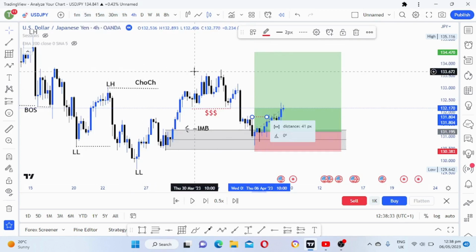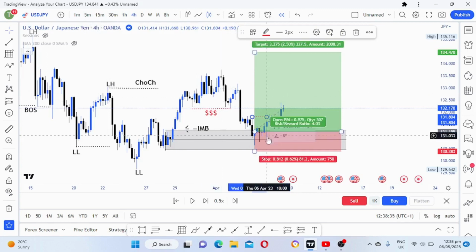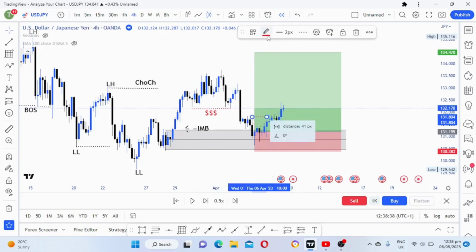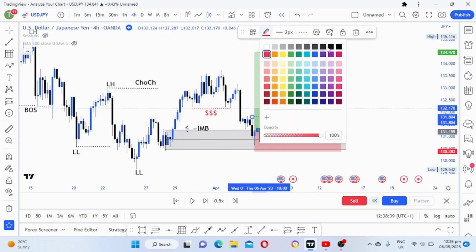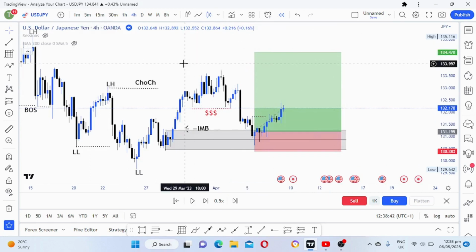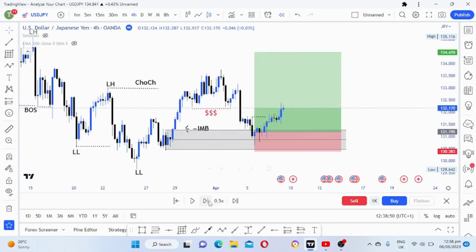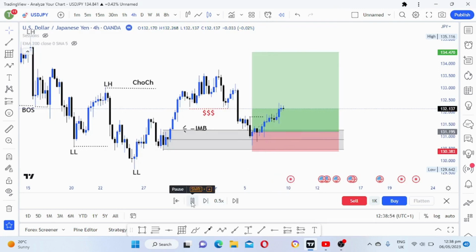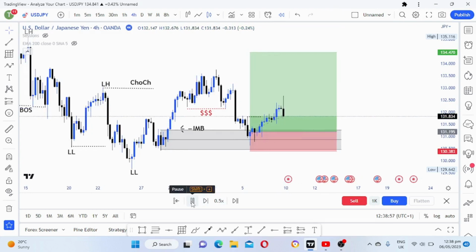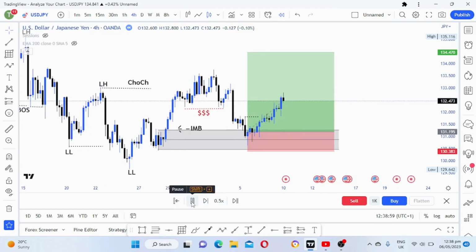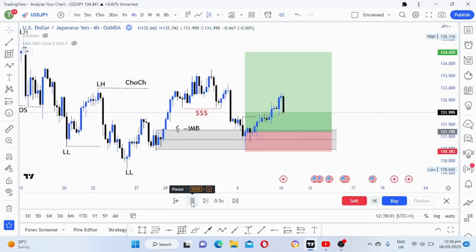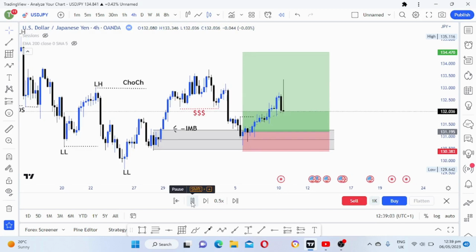So we have a change of character at a lower time frame, and you can also enter after this pullback on a lower time frame. For me, I only focus on higher time frames, H1, H4, daily, and I only enter on H1 or H4.